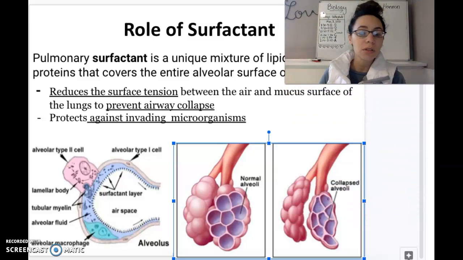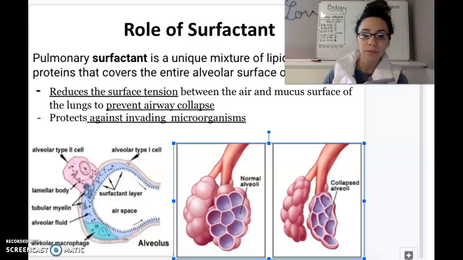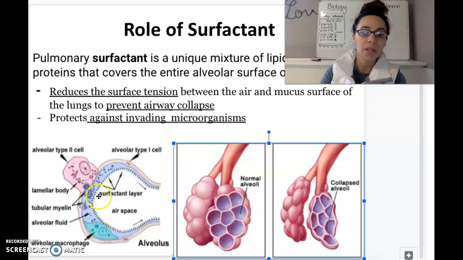So this reduces surface tension between the air and the mucus surface of the lungs to prevent airway collapse. And it also provides some protection against invading microorganisms. Okay, really important component. It's like that nice gooey mucus that covers the inside of our lungs. And it has those two important functions.